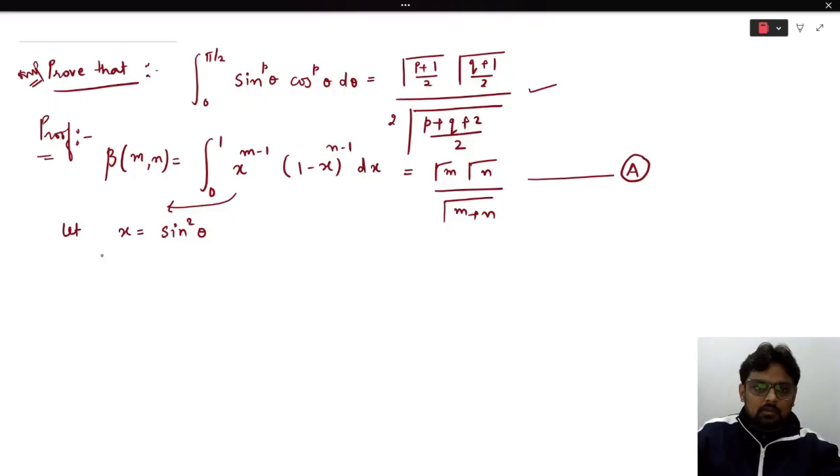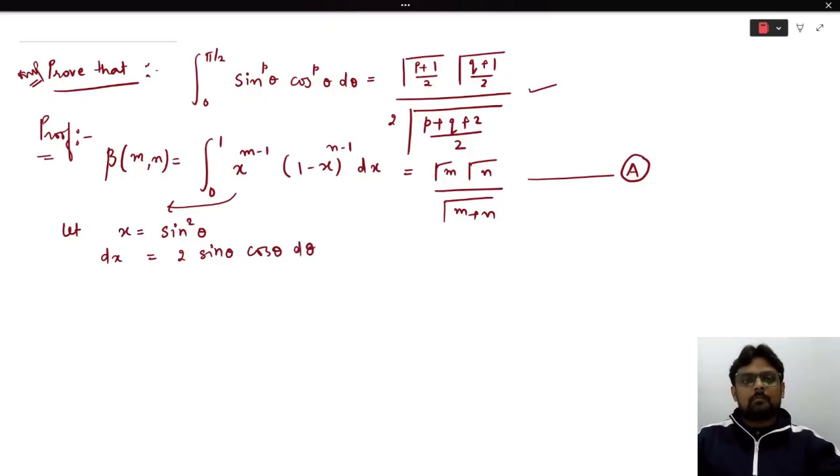Now while doing differentiation, we get dx equals 2 sine theta cos theta d theta. Okay, and for the limits, when we put 0, sine square theta is 0, and if we put 1, then sine theta is root 1. This is 1, and sine theta is 1 at theta equal to pi by 2.